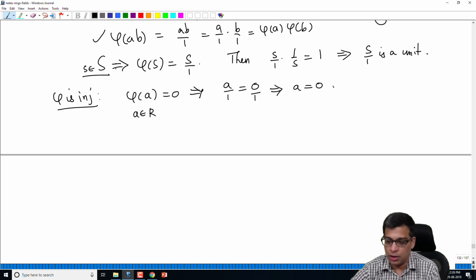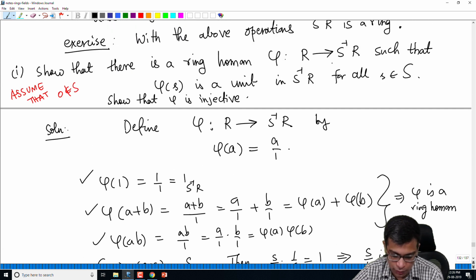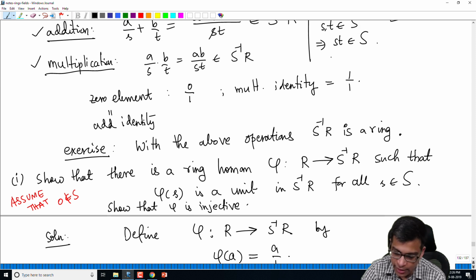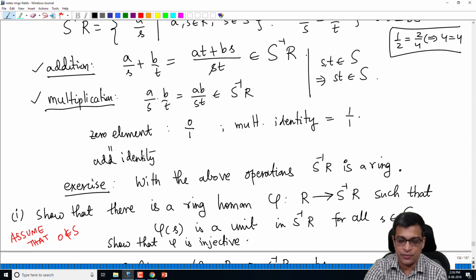Okay. So one thing that I did not mention, that's hidden in this exercise, you want to show that this addition is well defined, because A by S may be equal to A prime by S prime. But then when you replace that by A prime by S prime, you want to check that what you get is the same.